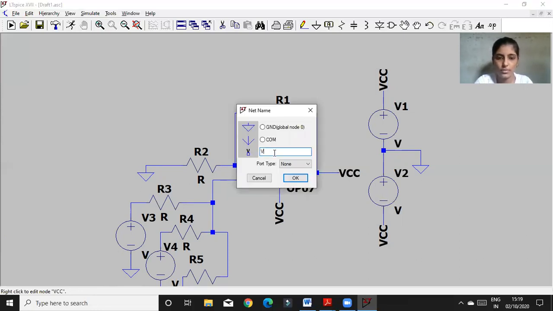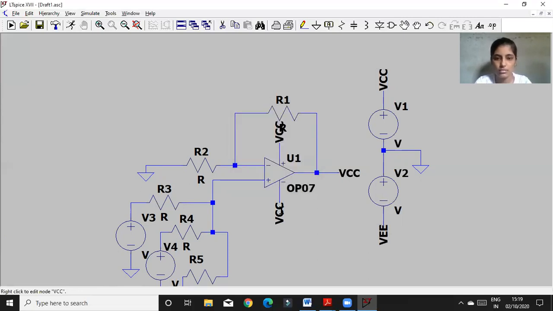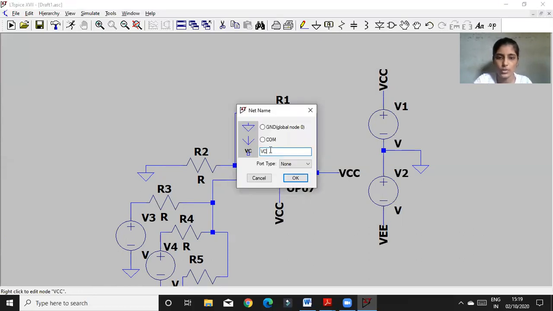Here I'm going to label the VEE. Here VEE.